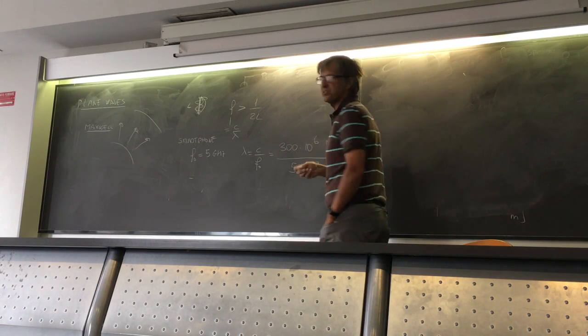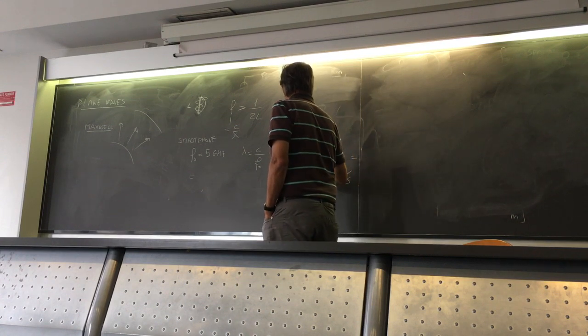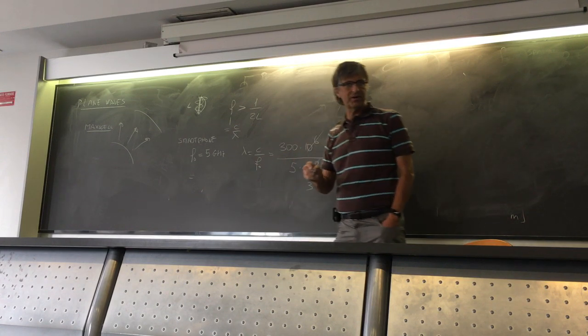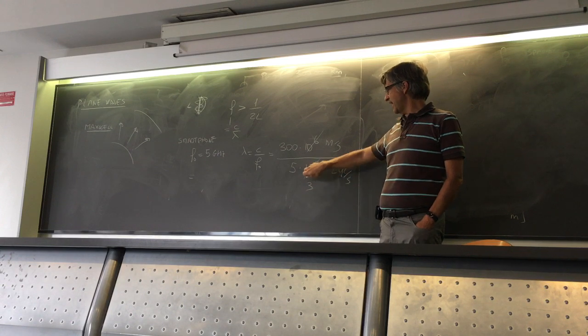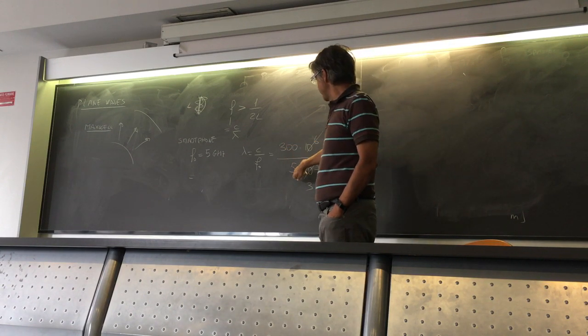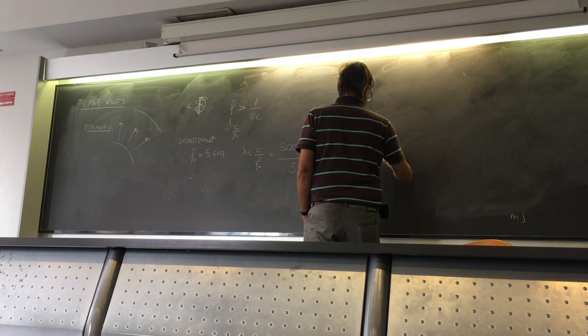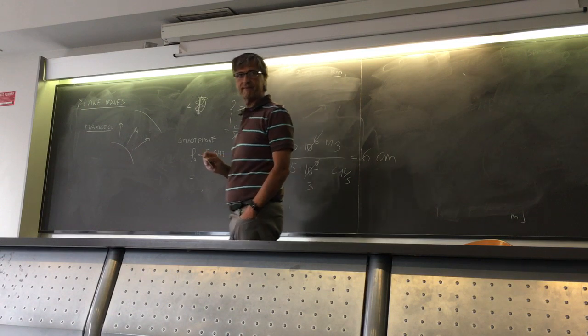So how many meters per cycle? I write it in millimeters, and this is 300 divided by 5, and this is 60 millimeters. So it's 6 centimeters.